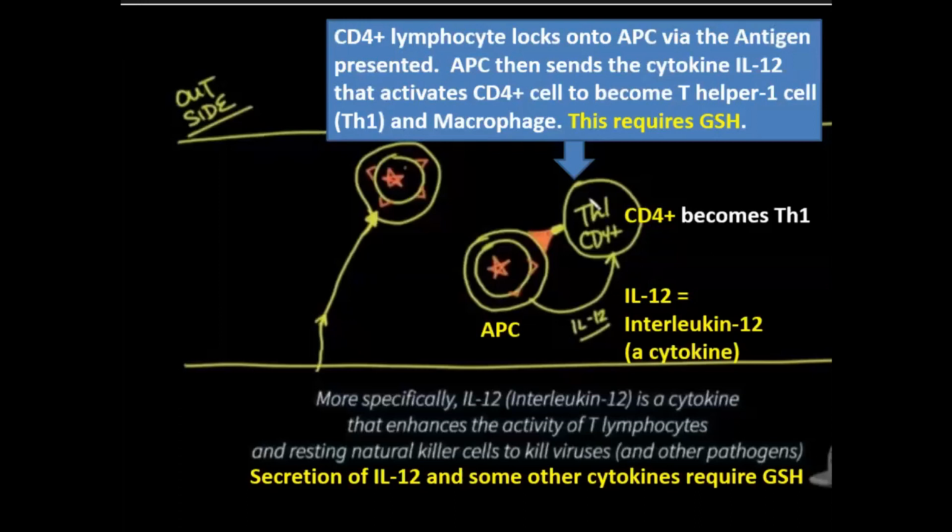Right, now getting more complicated, and also to become macrophage. Remember, the APC itself is a specialized macrophage, so there can be more macrophages to do the work. Okay. Note, for this to proceed, the cells must have enough glutathione.